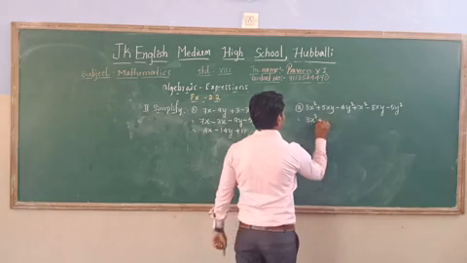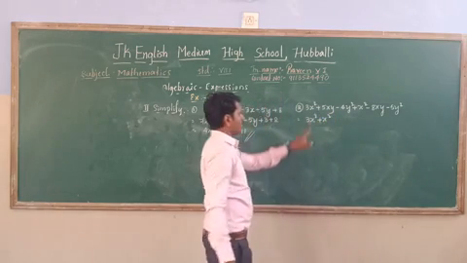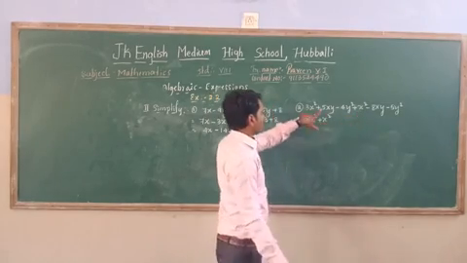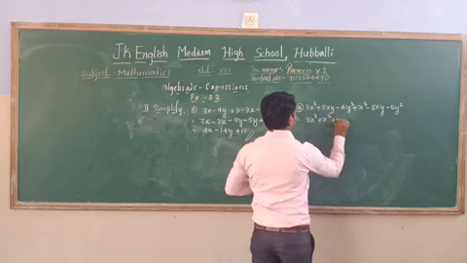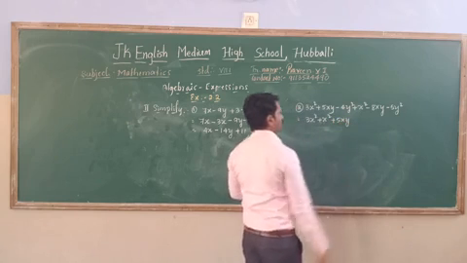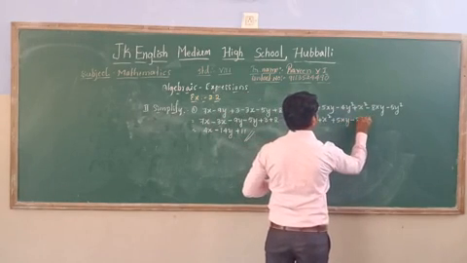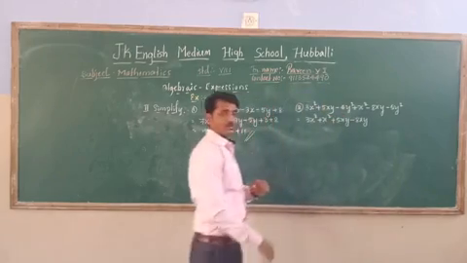Here, 3x squared plus x squared. Next one, plus 5xy. What's the like term? This one, minus 8xy. Correct?